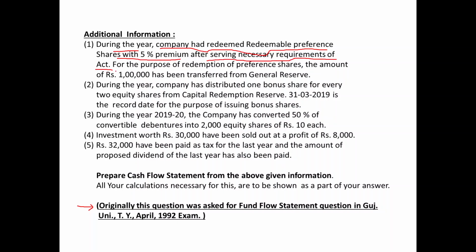These words are very important. After serving necessary requirements of the Act means the Companies Act. For the purpose of redemption of preference shares, the amount of rupees 1 lakh has been transferred from general reserve.